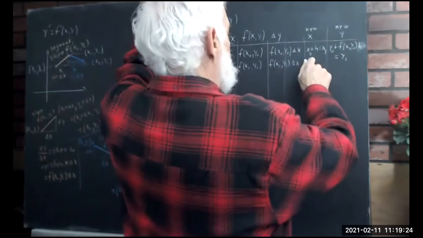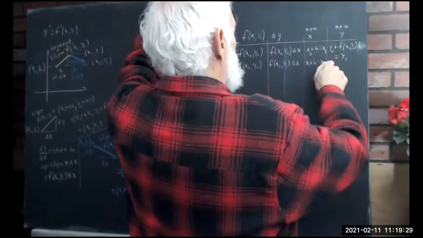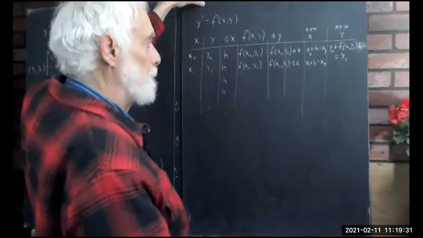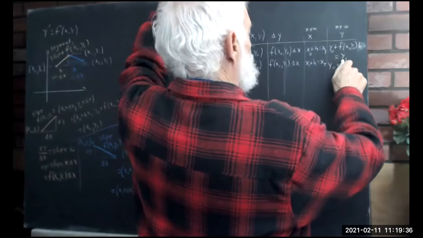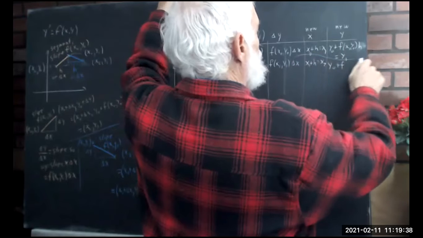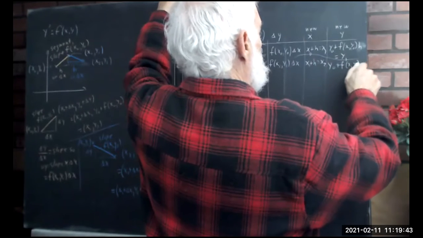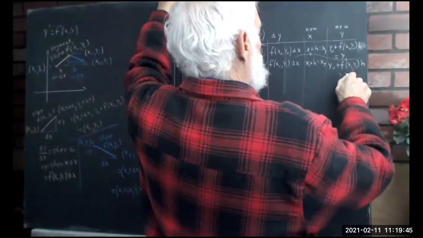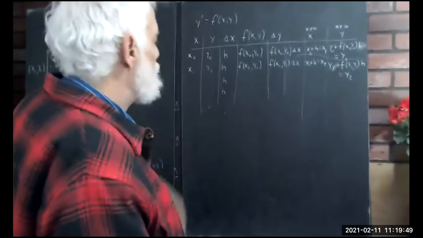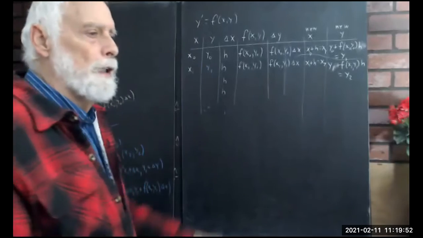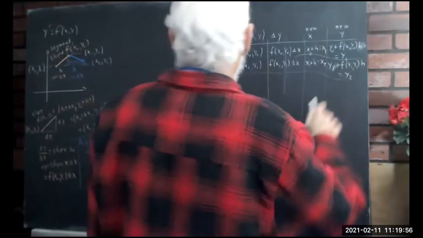This becomes x1 plus h, which we call x2. And this is going to be y1 plus f of x1, y1, h, which is going to be y2. Now it's going to get kind of monotonous. I'll write out one more step, and then I'll probably skip.